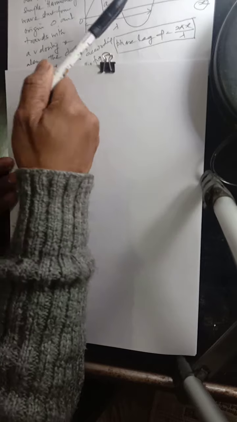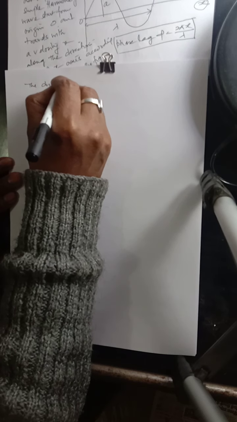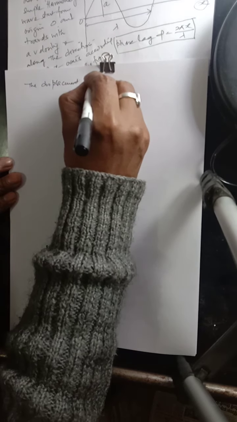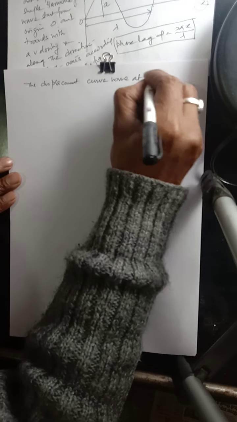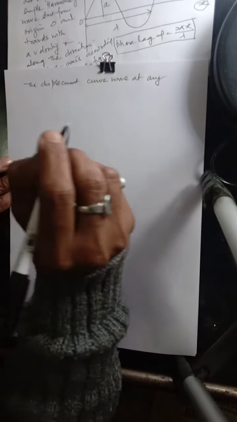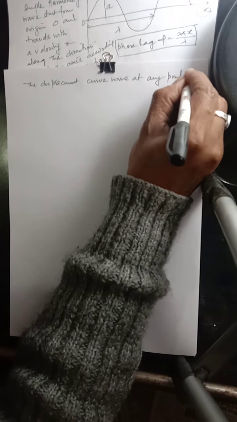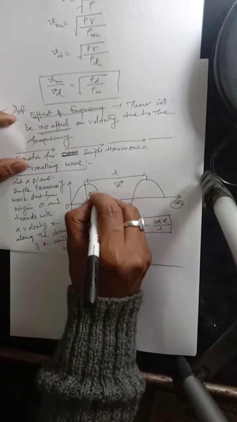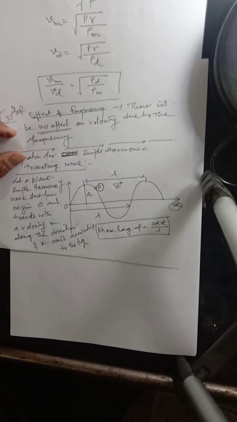Now from this graph, the displacement curve of the wave at any point, that is P. Let the point be here, that is the point P. We are just talking about this point.